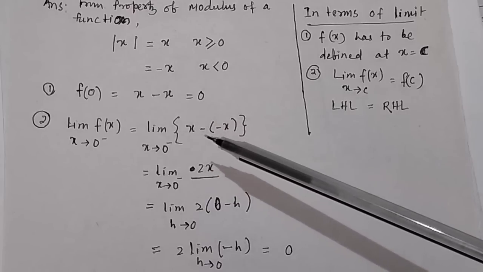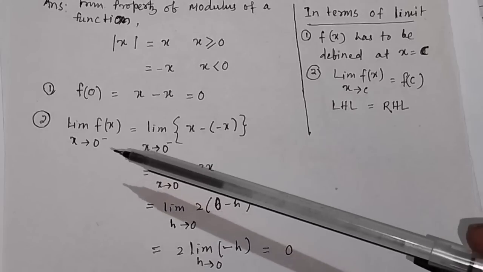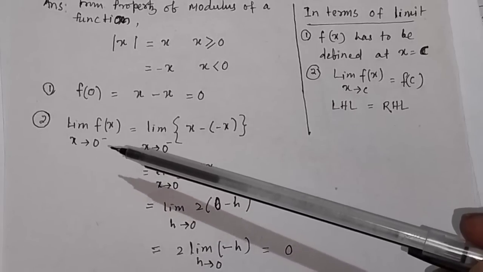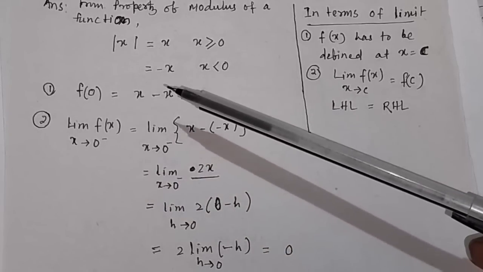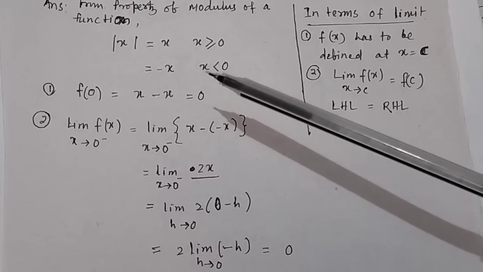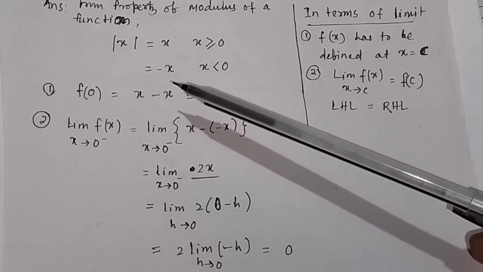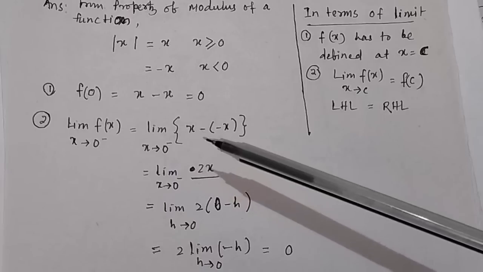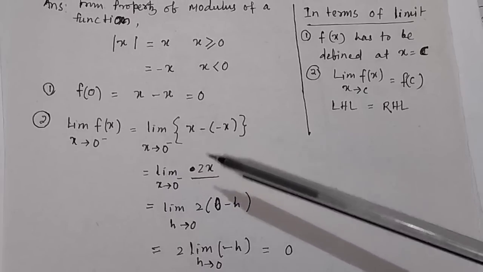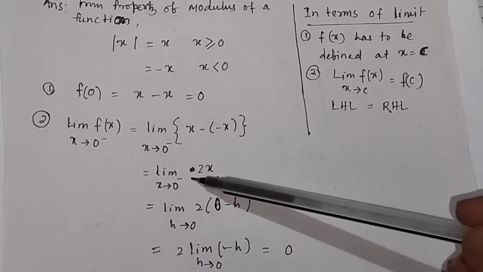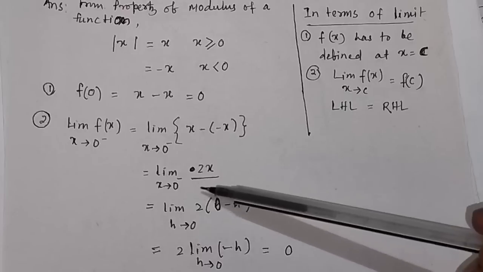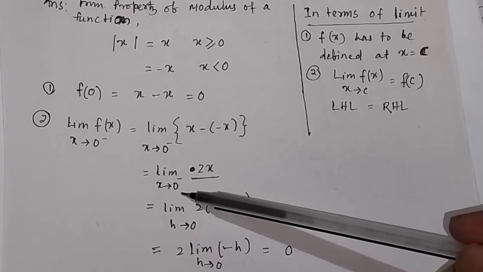So x minus (minus x), because the value of x is 0 minus, which means it is a negative quantity. So x less than 0 means modulus of x is equal to minus x. So x plus x is equal to 2x. So we need the limit of 2x as x approaches 0 minus.